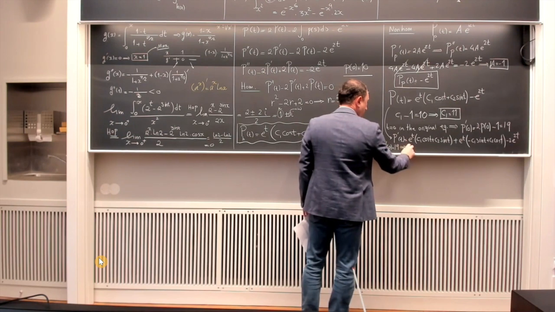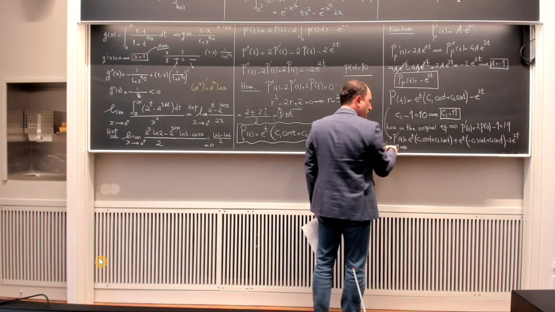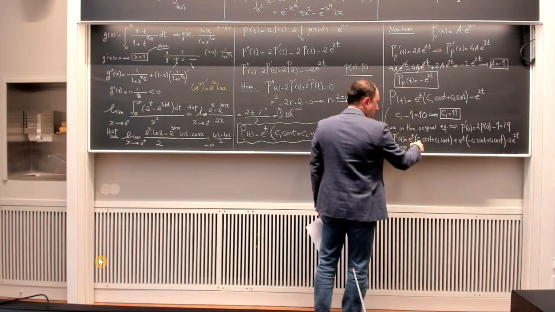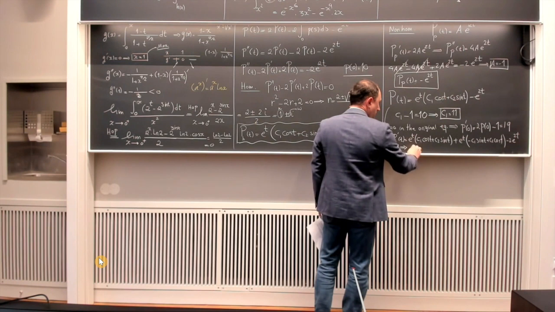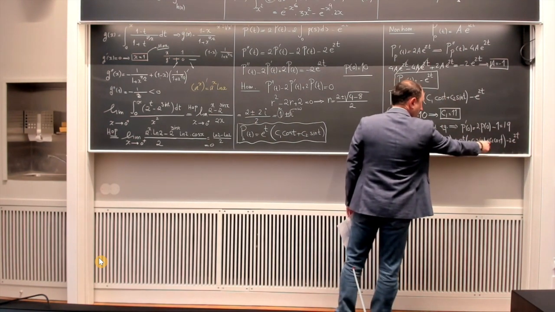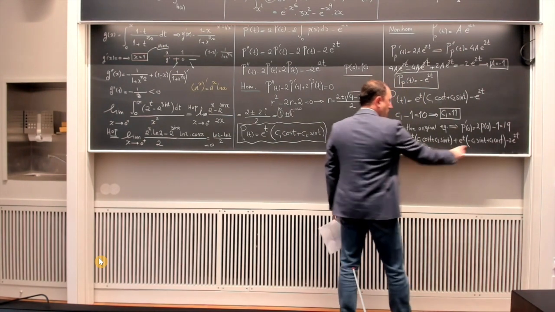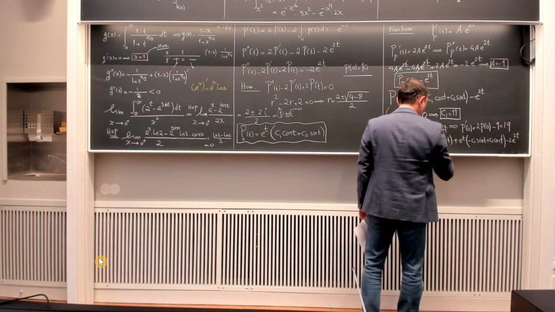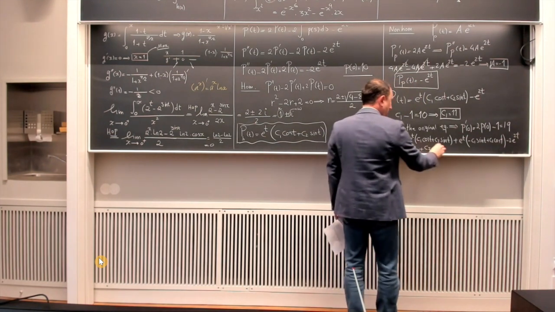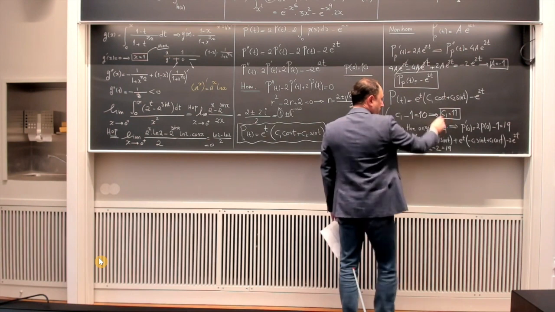And then p prime of 0 is supposed to be 19. So I demand what? If I replace t with 0, the output should be 19. Okay. If I replace t with 0, this becomes c1. Yes? If I replace t with 0, that is 1, that is 0, that is c2. Minus 2 is supposed to be 19. Yes? But c1 is 11.